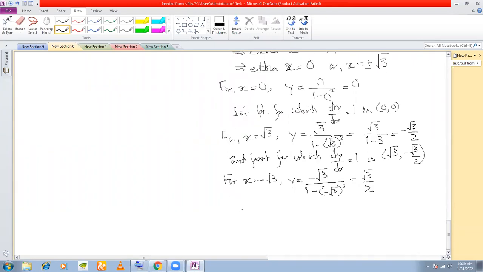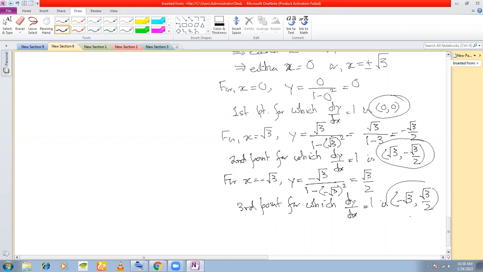So what is the third point for which dy/dx is equal to 1? It is (minus root 3, plus root 3 by 2). So what are the points for which dy/dx is equal to 1? This point, this point, and this point. You're getting 3 points for which dy/dx is equal to 1.